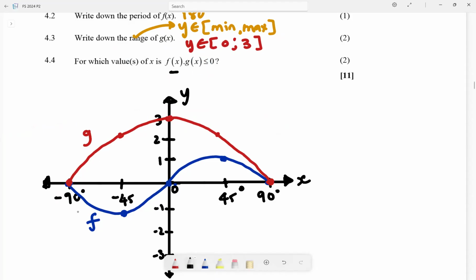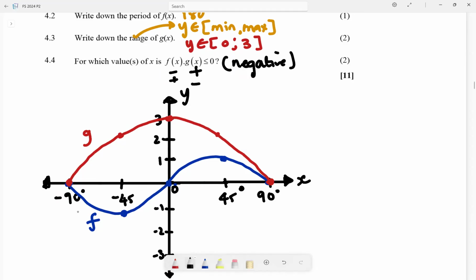So it means I want where f of x is negative, where g of x is positive. Remember this one means less than. Less than 0 means negative. So when I multiply negative by positive, okay? Or when I multiply positive by negative.